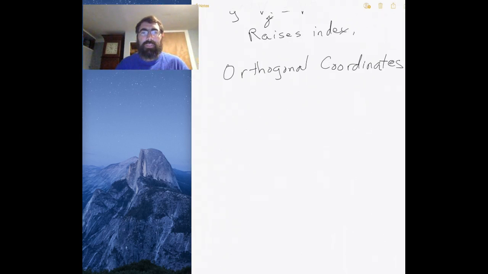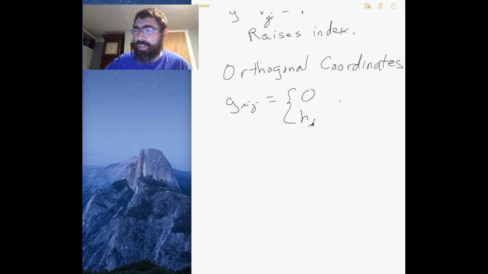Then what we can find, and I'll prove this in a minute, is that the metric tensor, let's say G_ij, that's covariant, I can write as the elements are going to be equal to 0, or they're going to be equal to the scale factors that we used to make the basis vectors. This is going to be true, it's 0 if i is not equal to j, or it's the scale factor if i is equal to j. So that's for the lower indices on the metric tensor.